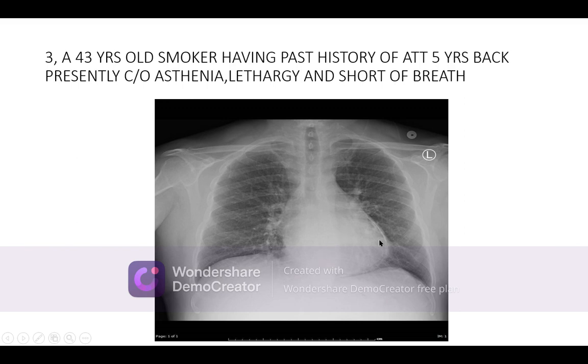Ultimately, the gold standard is thoracotomy and decortication here. The fibrous tissue should be removed from the heart. A pericardiotomy should be done to relieve the heart from the pressure outside. This is the gold standard.